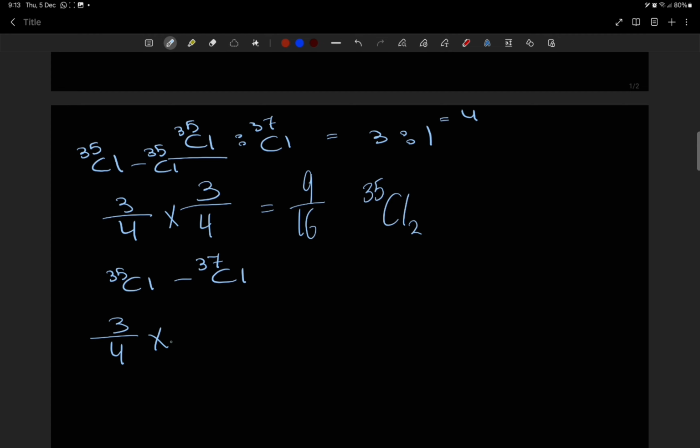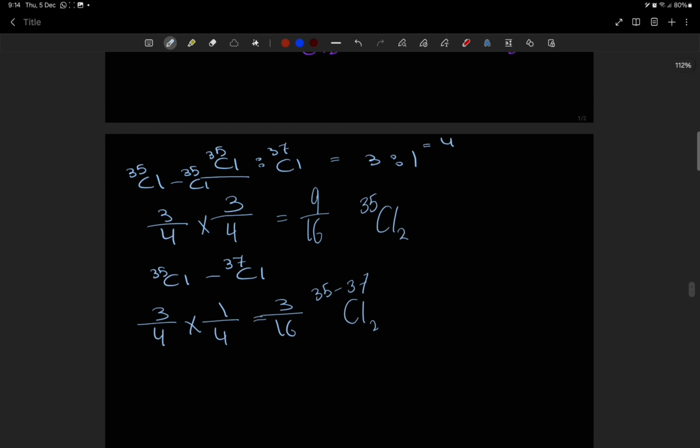Multiply the chance of finding a Cl-37 atom, which is 1 out of 4 times. When you multiply these two, you get 3 out of 16 times you'll get a molecule formed of 35 and 37.